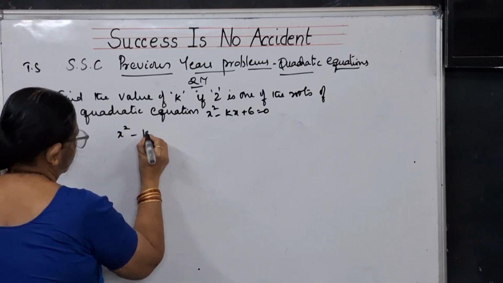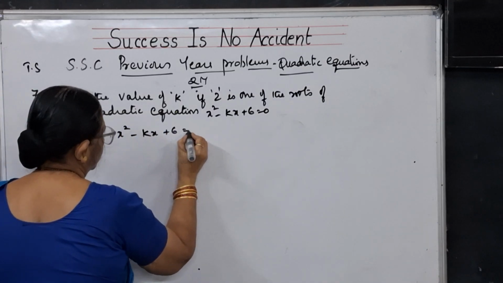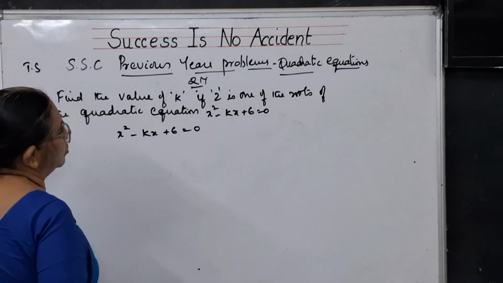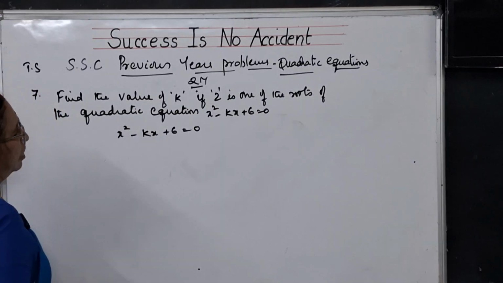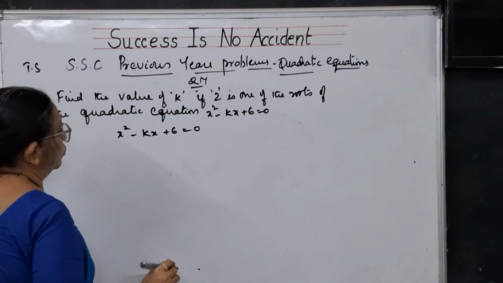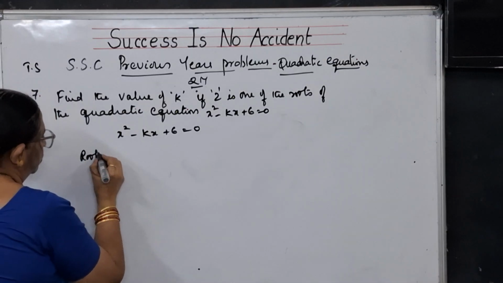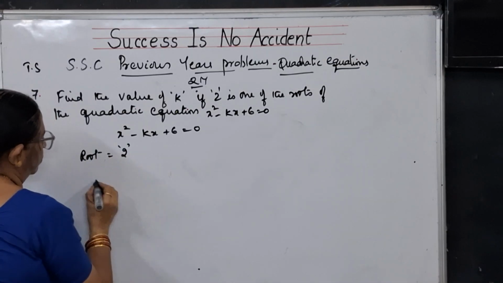So the equation is x square minus kx plus 6 is equal to 0. One of the roots is 2. Roots means the value of x is 2, they have given. So root value is given as 2.